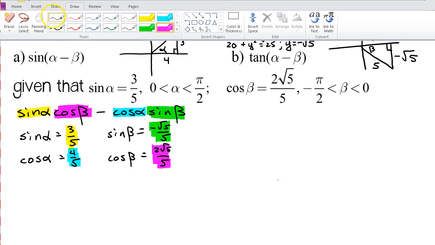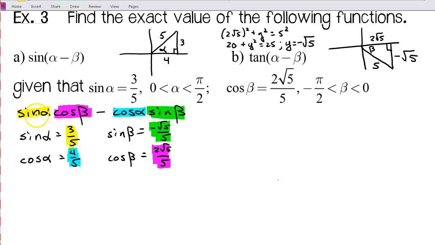So I'm going to replace each of these highlighted trig functions here with their appropriate values. So now I've got sine alpha, which is 3/5, times cosine beta, which is 2√5 over 5, minus cosine alpha, which is 4/5, times sine beta, which is negative root 5 over 5.